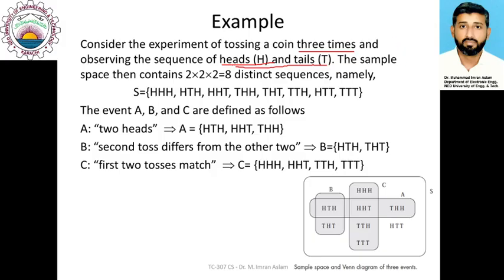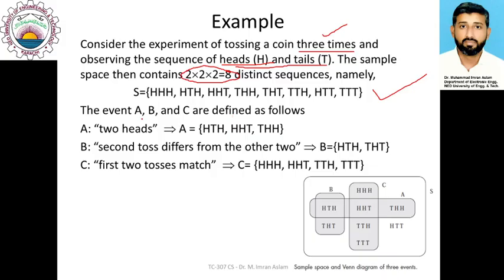Because one toss has 2 possible outcomes, tossing a coin 3 times gives 8 distinct outcomes. So the sample space would contain 8 sample points, which are listed here: HHH, HHT, HTH, and so on.